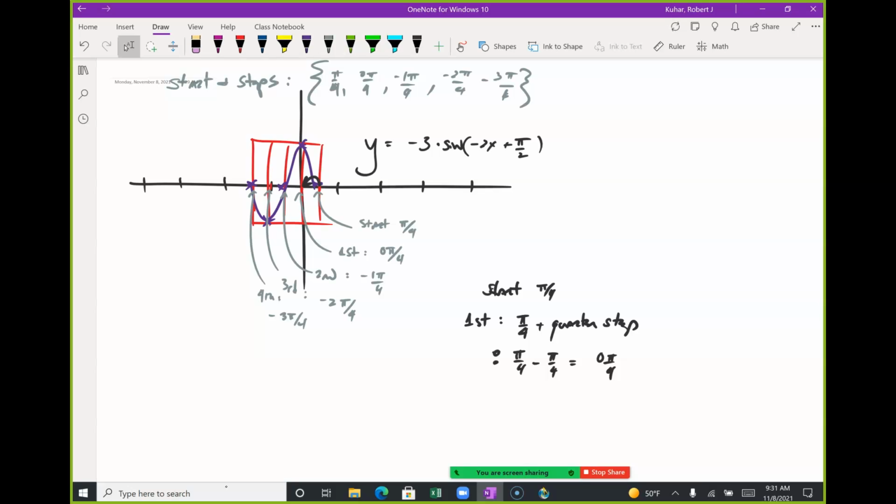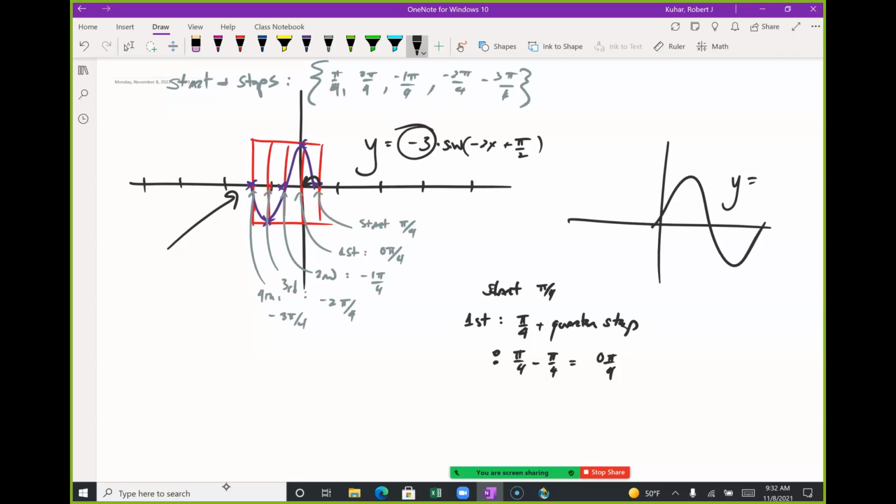Professor? Yes, Grace. So will the curve always start with moving upwards to the next step? Or are there situations in which it would move downwards? Yeah, so this one actually moves downward. I'm always trying to draw left to right. If I'm drawing left to right and there's no reflection, it's that standard sine curve, so this is y equals sine x.